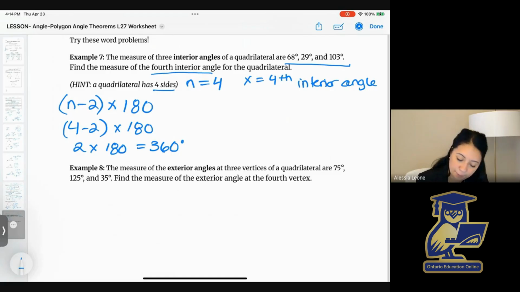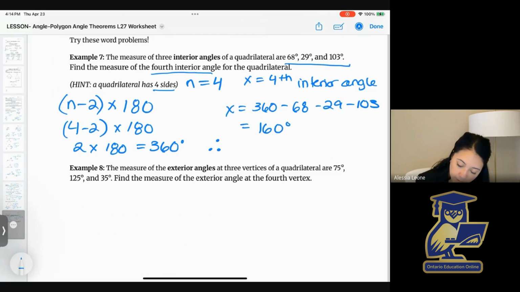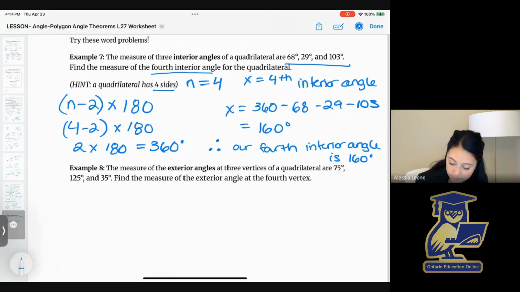All right. X equals 360, take away the 68, take away 29, take away 103. Those I got from our question. So now we can write, therefore, the 4th angle is 160 degrees.